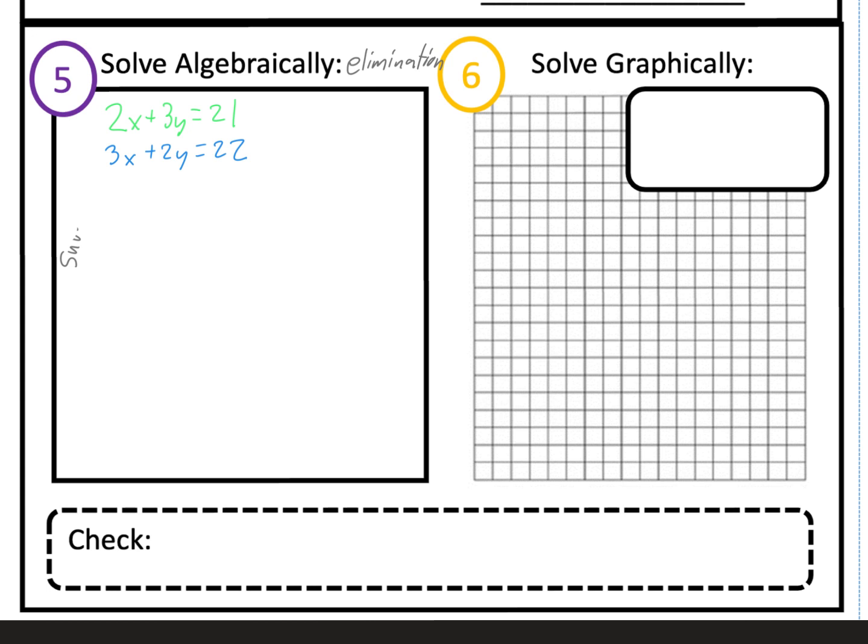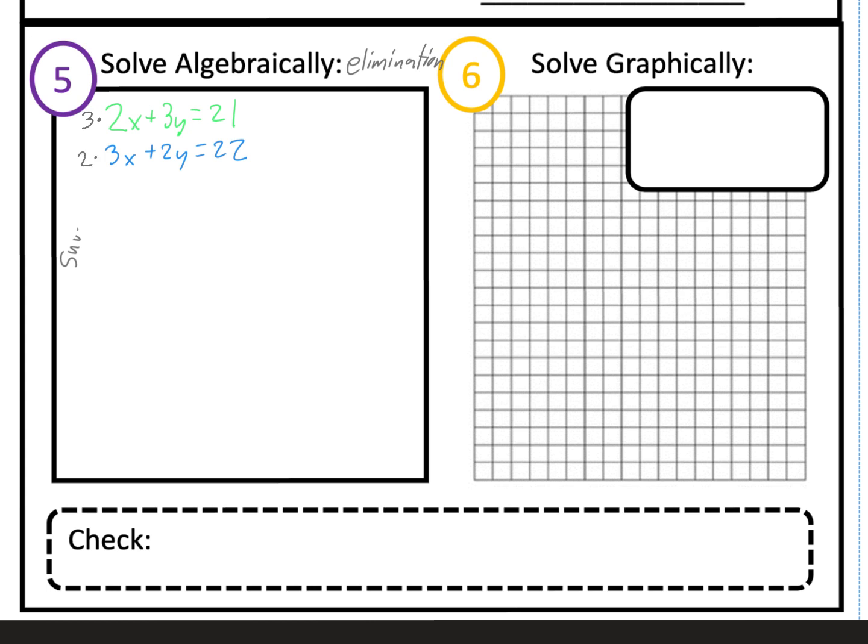So let's just look at x for now. We have 2x and 3x. So the least common multiple of these two will be 6. So to get 6x, we need to multiply the top by 3 and the bottom by 2.